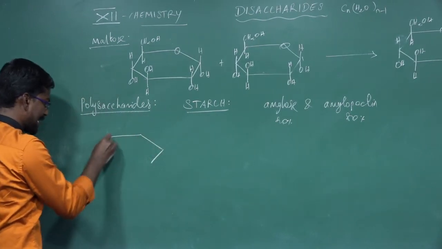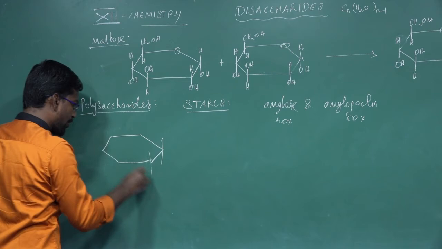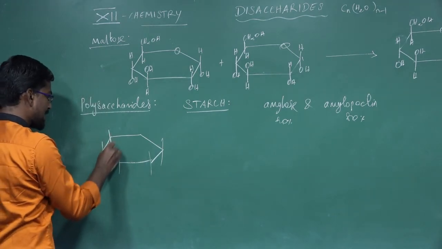Amylose is a polymer of a number of monosaccharide units.